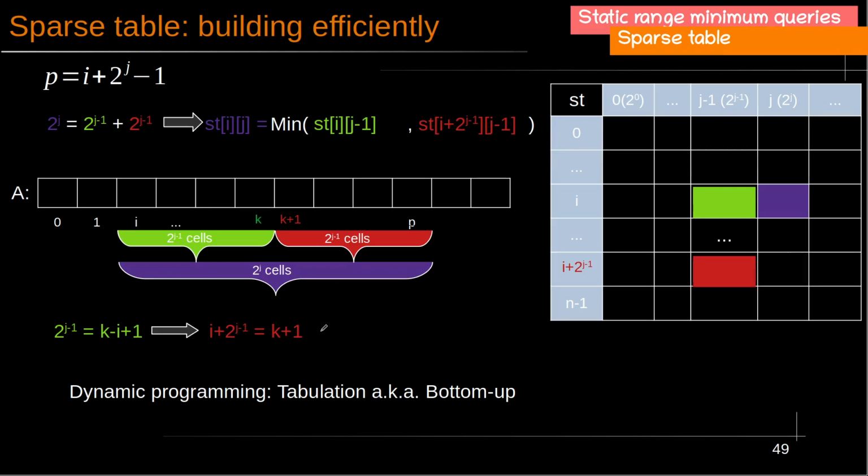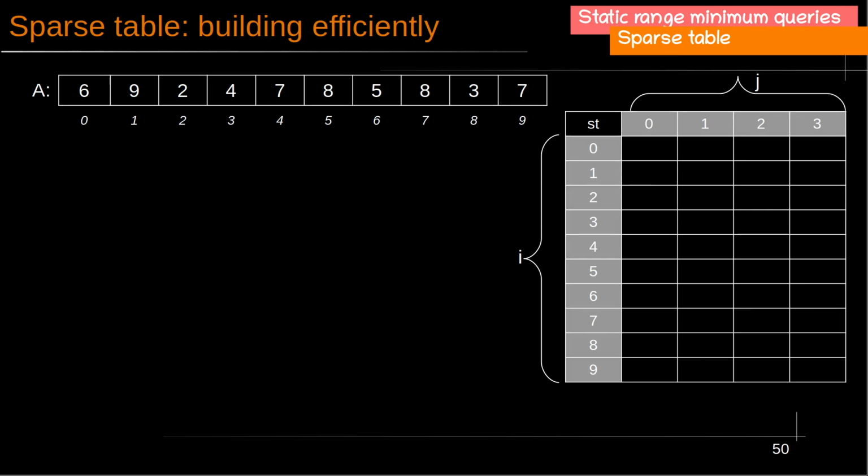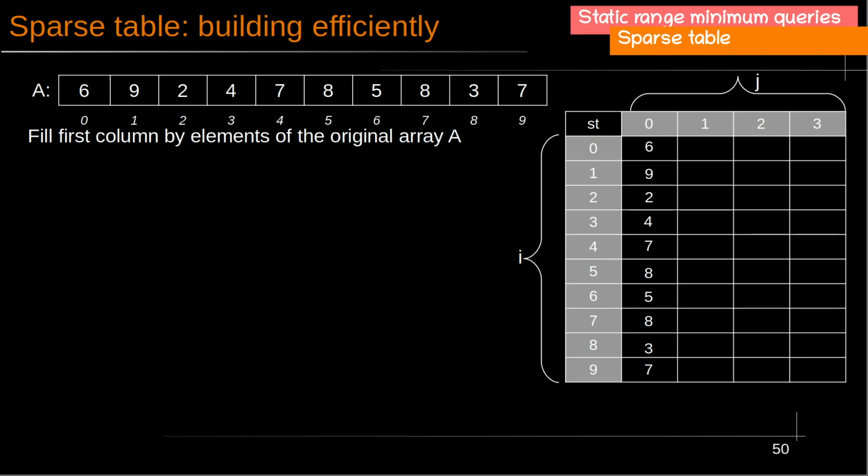So we can use here a dynamic programming approach known as tabulation, or the bottom up technique. Let's take an example here. If we have this array and we want to build efficiently the sparse table, first we're going to fill the first column by the elements of the original array A. And we can use that information, which is the first column, to calculate the next one.